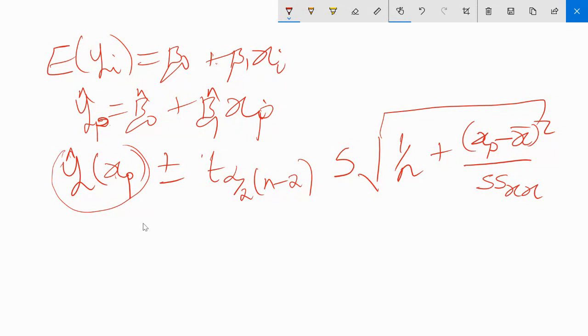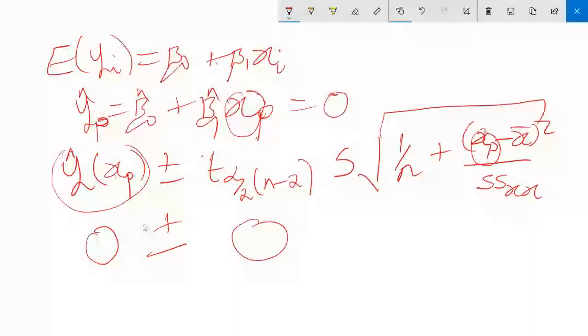We replace xi by a certain value, which is xp in this case, then we're going to get a single value here, which is going to be the estimate. And then we write that estimate here, plus or minus the value from the table. And xp is the value that we're going to substitute here. And x bar is the sample mean, the x bar that you know. But xp is the value that we're going to substitute in the equation.